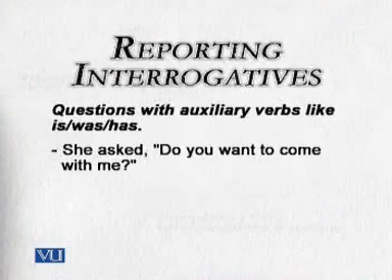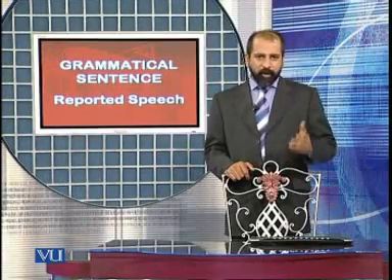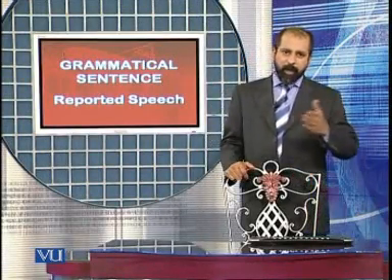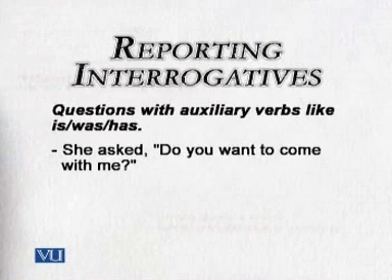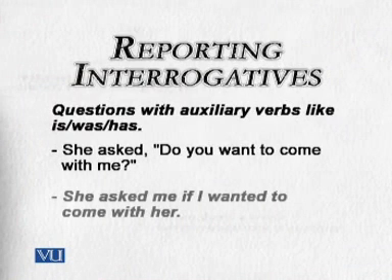Okay, take a look on your screen. She asked, do you want to come with me? Now, this is again an auxiliary verb interrogative question. Do, does, or did, is, am, are, and was and were. And of course, they'll take what? If or whether. Take a look. She asked, do you want to come with me? And what we are doing, she asked me if. Not using that, we're using if.